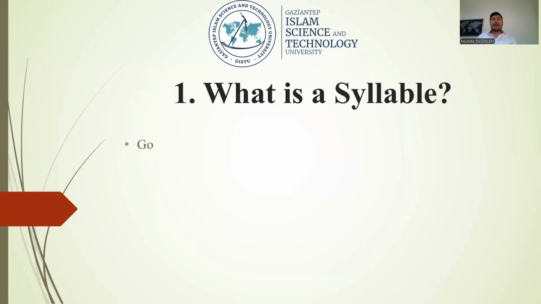So let's see some words. For example, go. It has just 1 syllable because I pronounce just 1 vowel. Come.